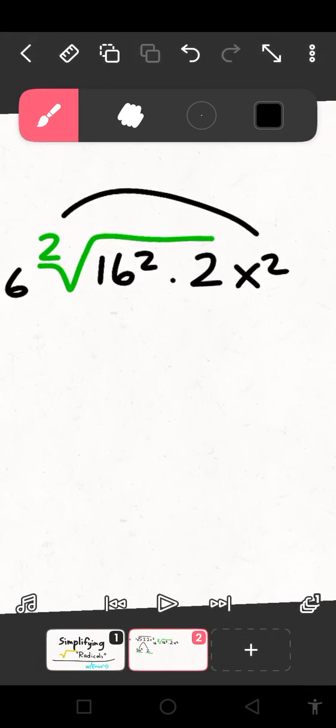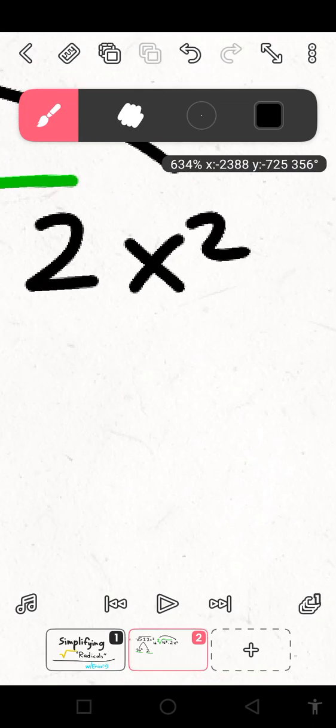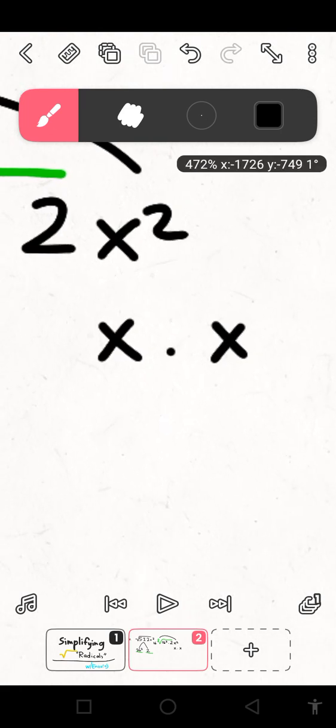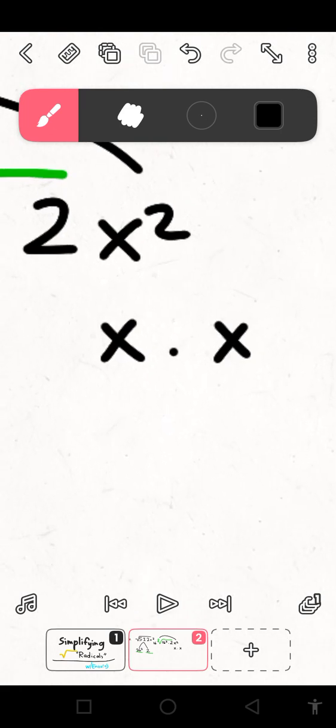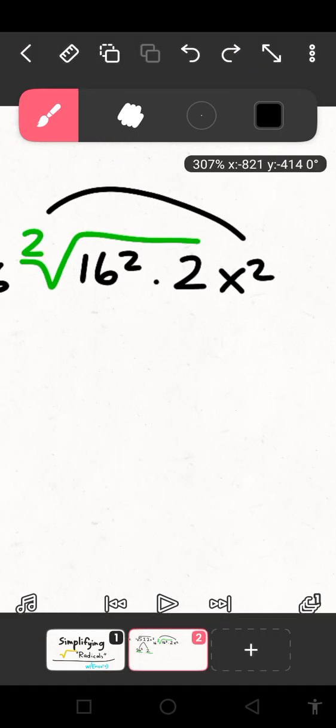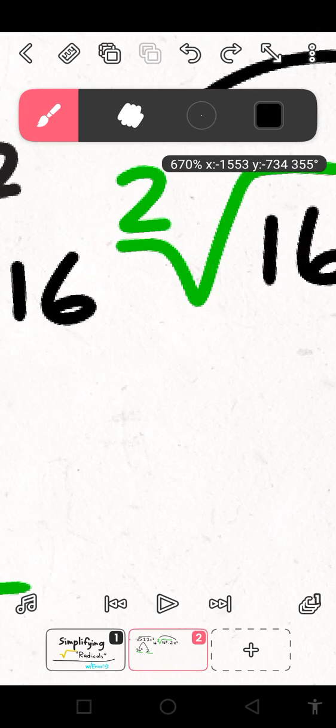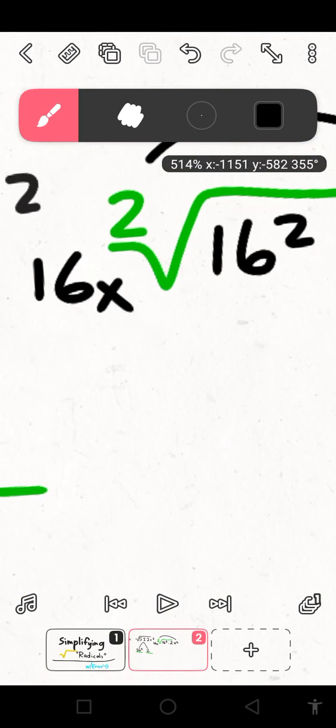It is also requiring 2, and this happens to have a 2 as well. So this is just equivalent to x times x. And what is x times x? That's correct, x squared. So automatically, as with the number 16 squared, this will be moved outside.